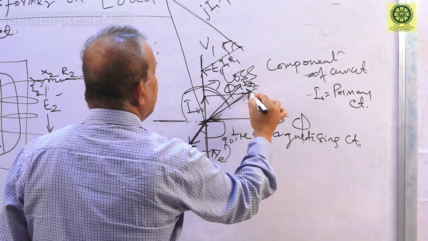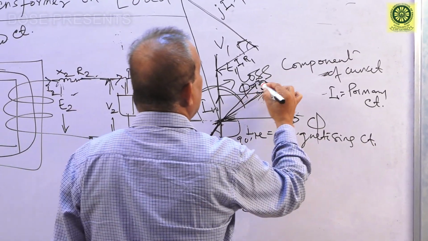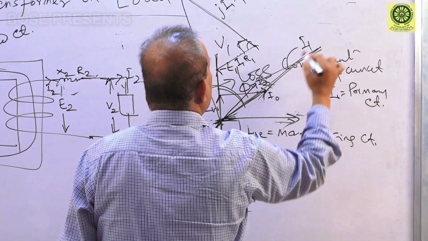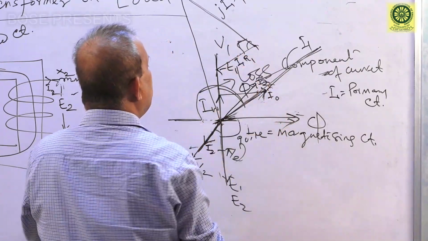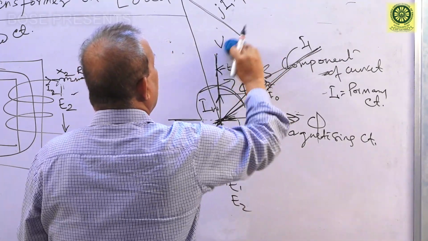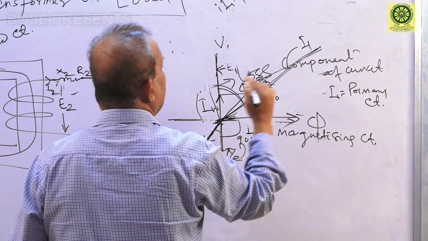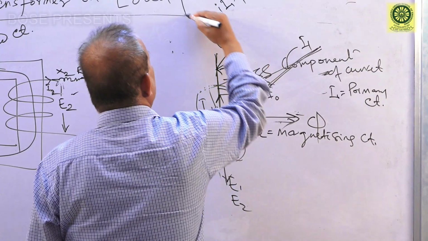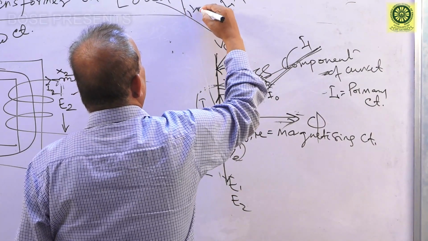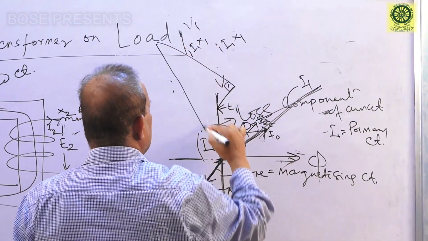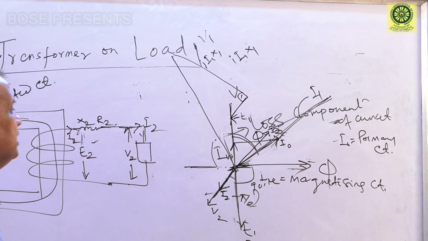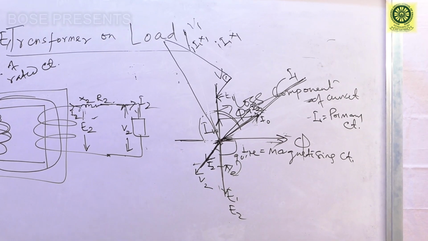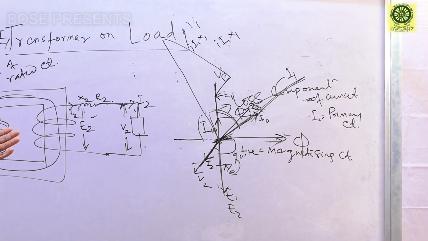Now I will find the vector sum of I2 and I0. So this is my I1, and similarly this will change I1 R1. So now it is like this, and jI1 X1 is like this. So this is the transformer on a unity power factor load case.